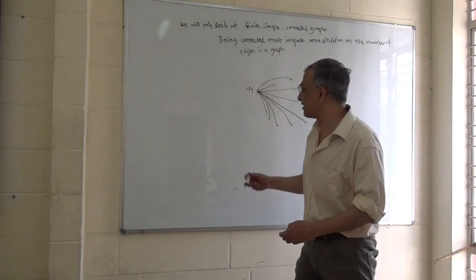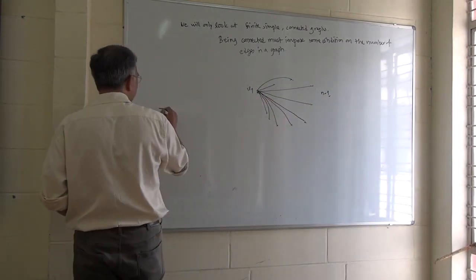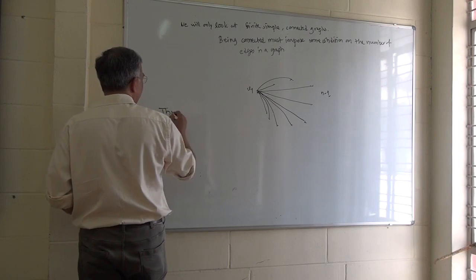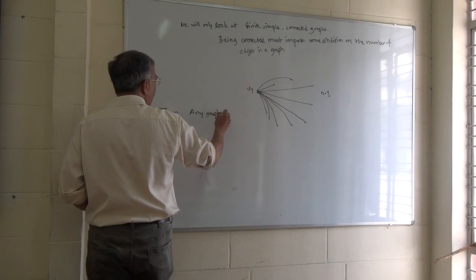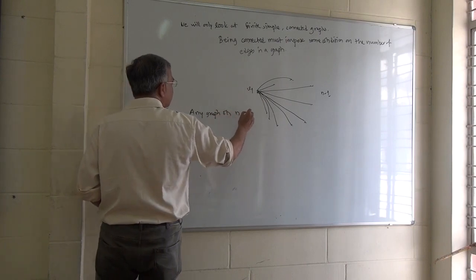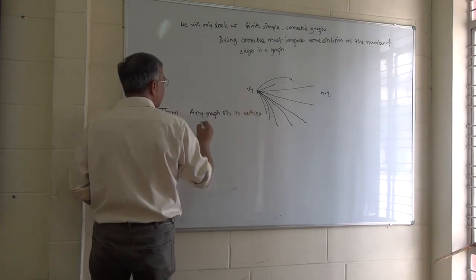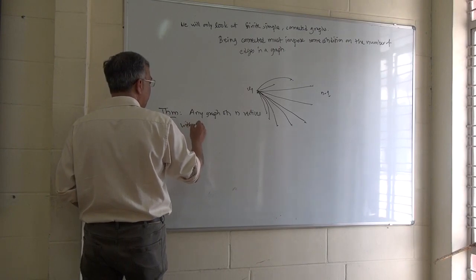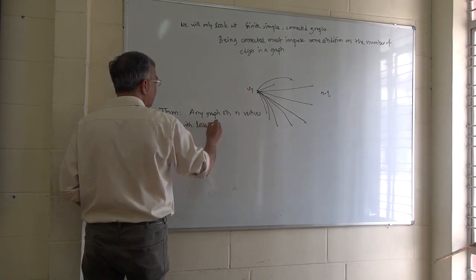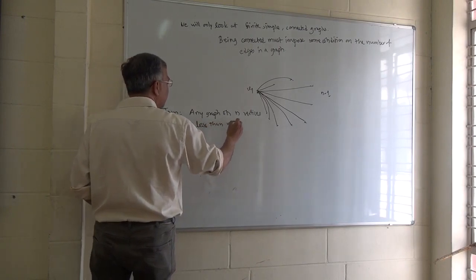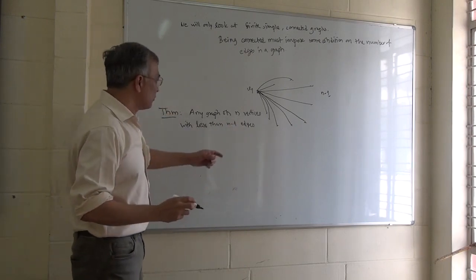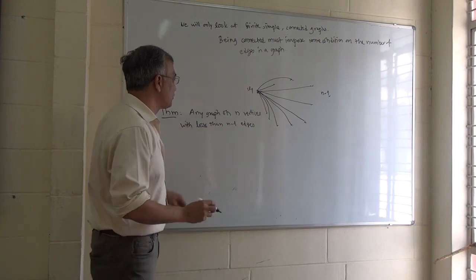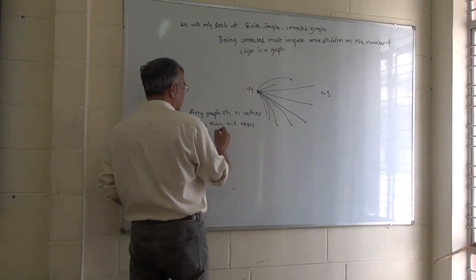And this is the first theorem that we prove in graph theory. Any graph on n vertices with less than n minus 1 edges is not connected. Remember, an edge is a 2 subset. So with less than n minus 1 2 subsets, it is not connected.